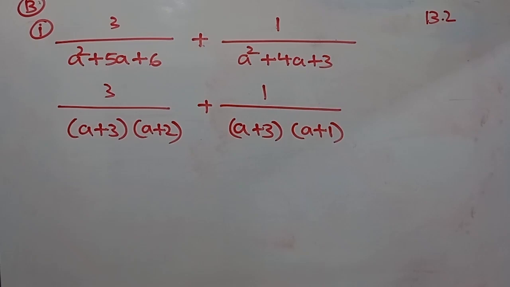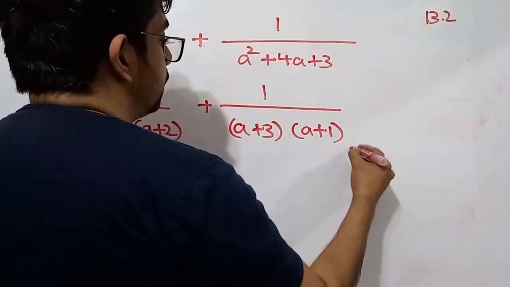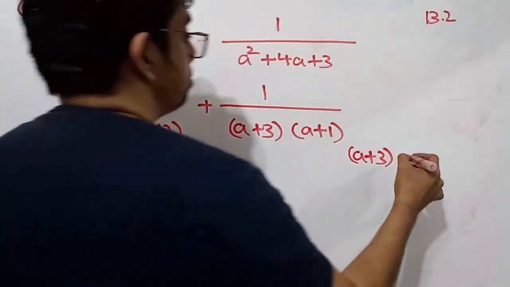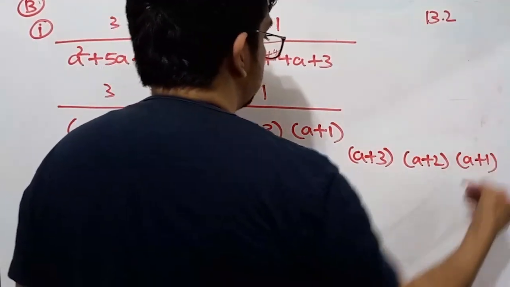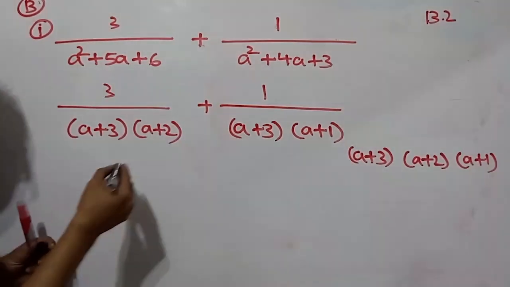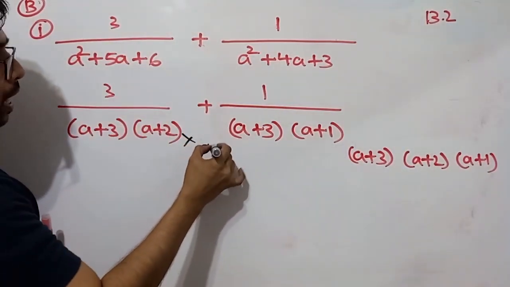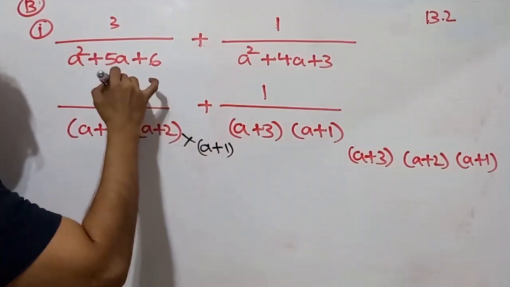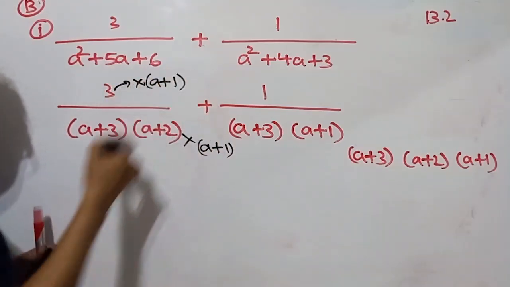Okay. Then what should be the least common multiple? a plus 3, a plus 2 and a plus 1. That means we need to multiply this expression by a plus 1. So we need to multiply the 3 by a plus 1 as well.